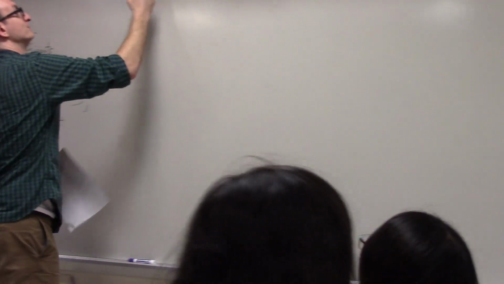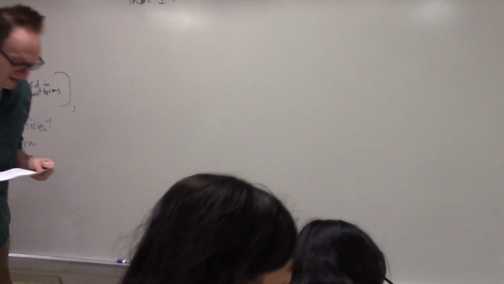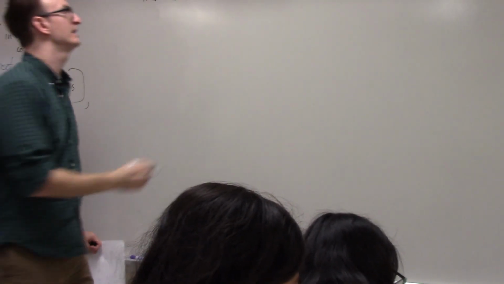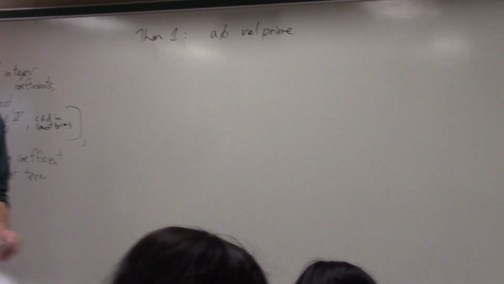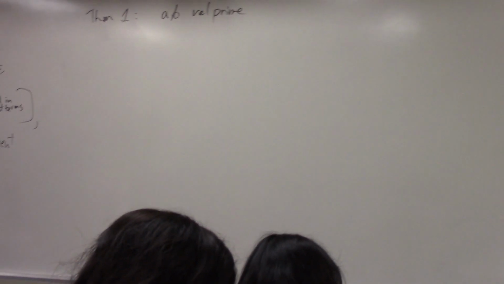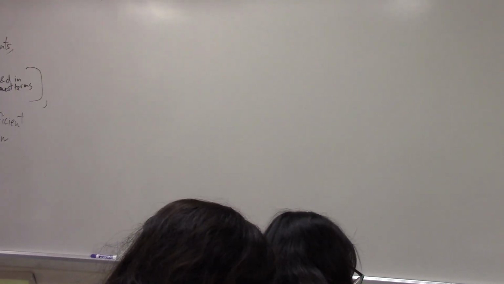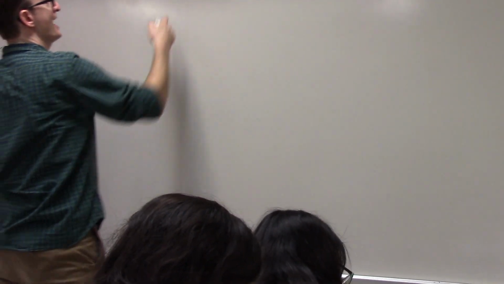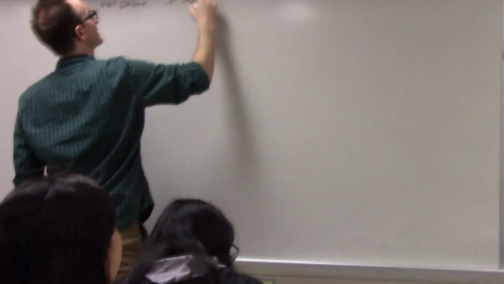So, theorem 1. If A and B are relatively prime, do you guys know what that means? Two numbers are relatively prime. It doesn't mean that they necessarily are prime. It means that they have no factors in common. You guys should just teach that first. A and B are relatively prime if they have no factors in common.